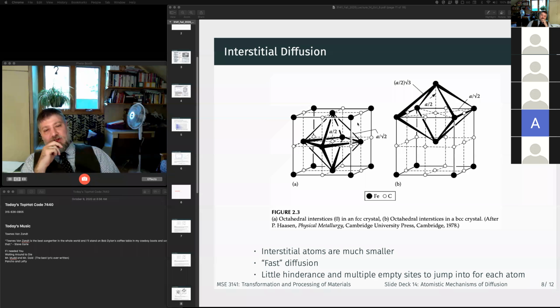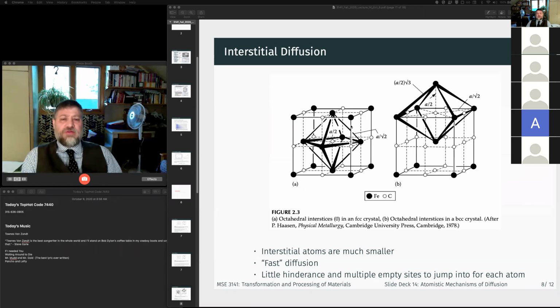And so there's another potential interstitial site up here. So in both FCC and BCC, we have to consider that there are two different places in the unit cell that the interstitial can go.